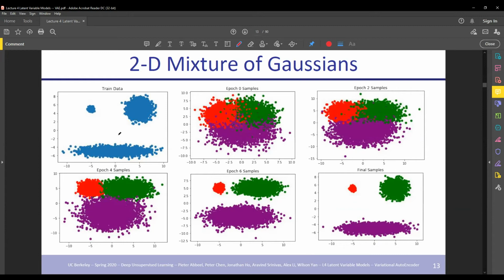So that's what we have done here, and run the optimization. And as you go along, you find that the 3 Gaussians nicely cover the data.